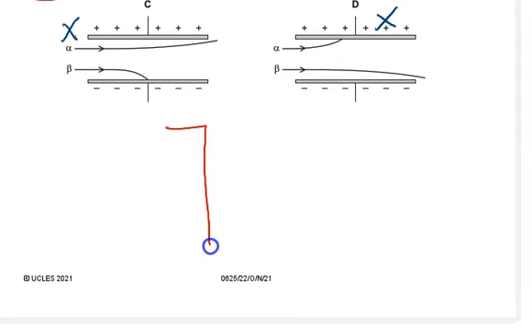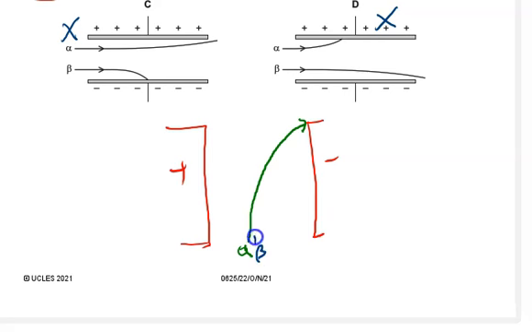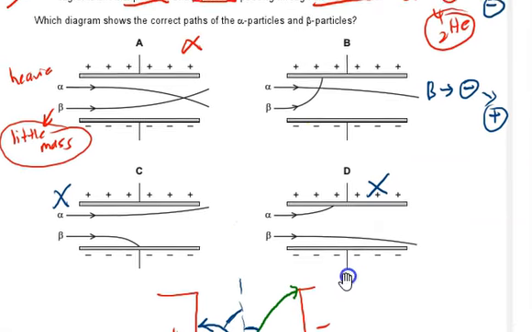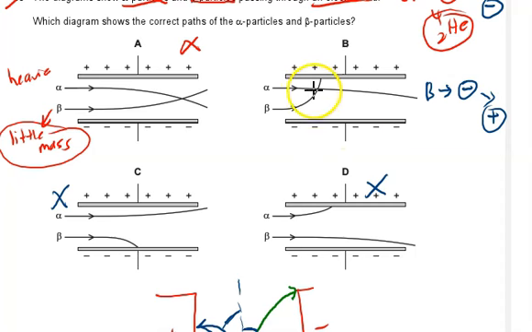Let me show you here: this is a positive plate and this is a negative plate. Let me draw an alpha, the green color is alpha, so it will be like this. But if you look at the beta, it is very quick. So there is a difference in the angle here. This is a smaller angle and this is a much bigger angle. So your answer here will be B. It is slightly attracted to the negative.